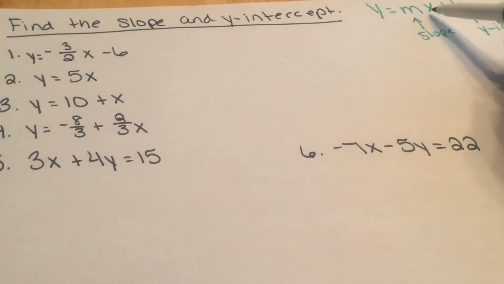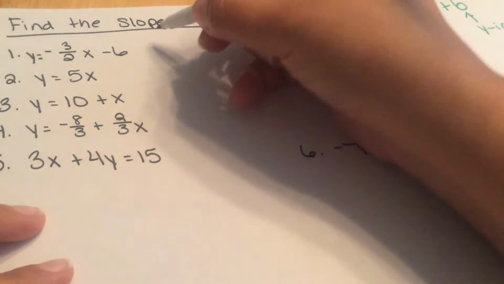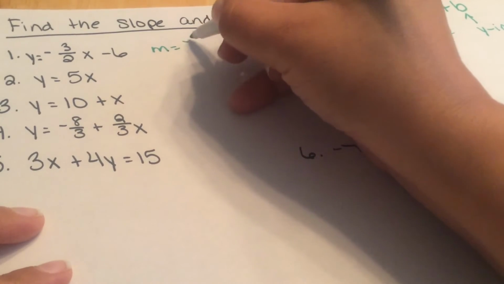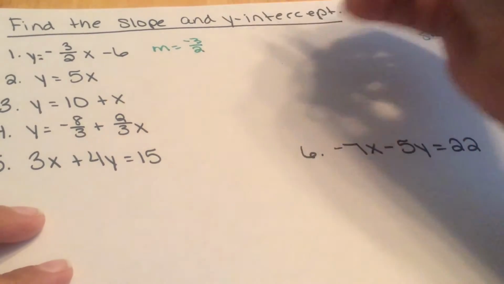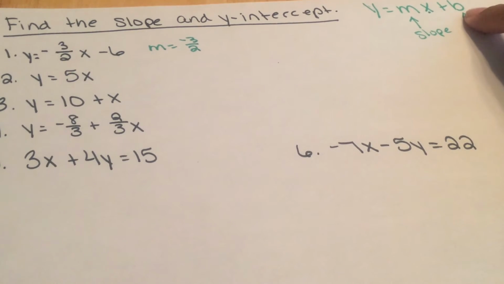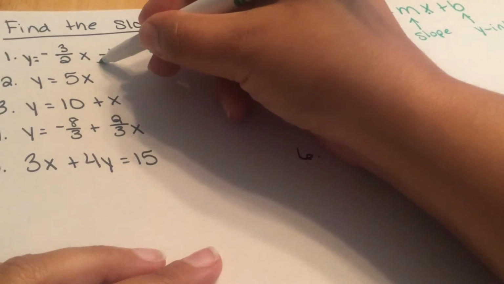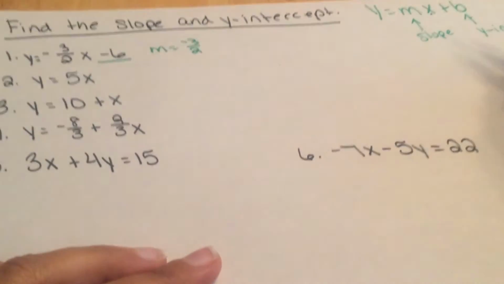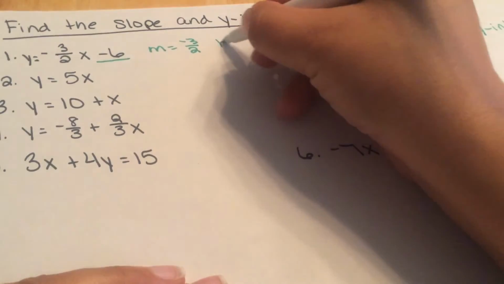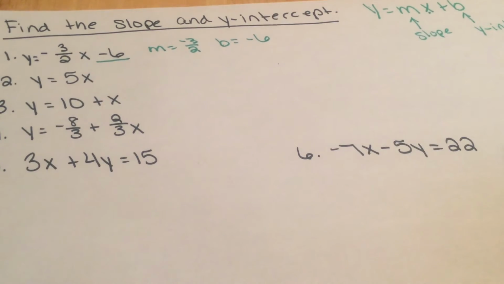Hopefully, again, we identify where our x is, and we know that in front of that is going to be our slope. So our slope here on number 1 is going to be negative 3/2, and our y-intercept is going to be the other number that we're given. Just like when we're solving equations, we take that sign in front, so we know our y-intercept, b, is going to be negative 6.